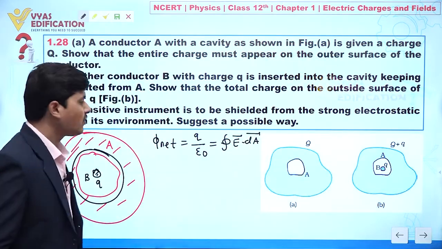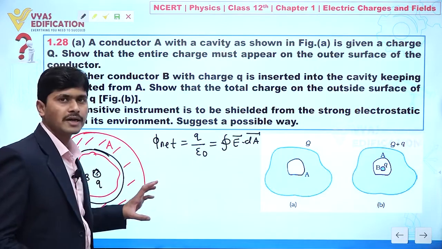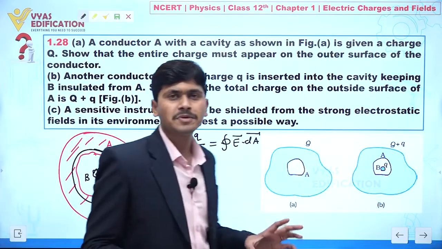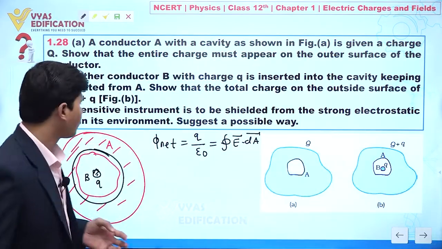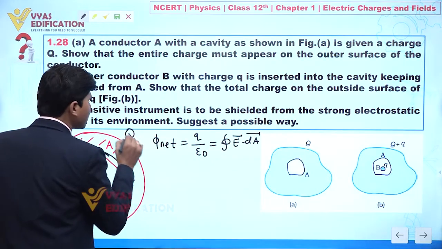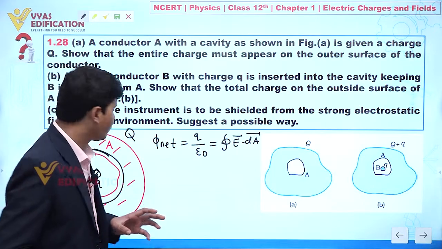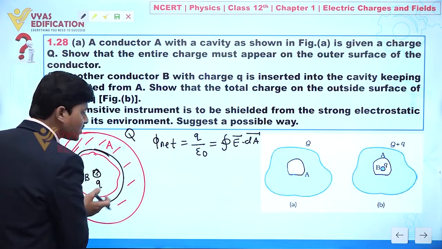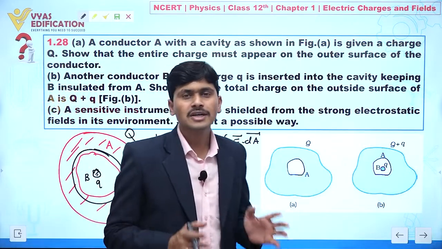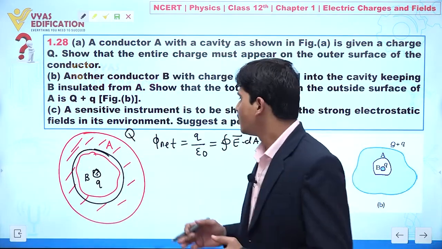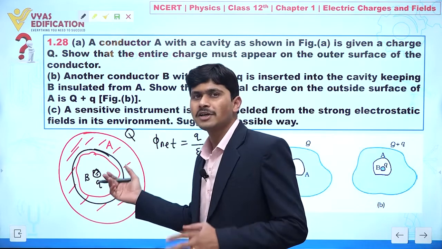Yes or no? Now our objective is to find the total charge present on the outer surface of conductor A. Clear? We are providing total charge Q to this conductor A. But if we talk about this Gaussian surface, inside which we have a cavity, in the conductor the net electric field is 0.